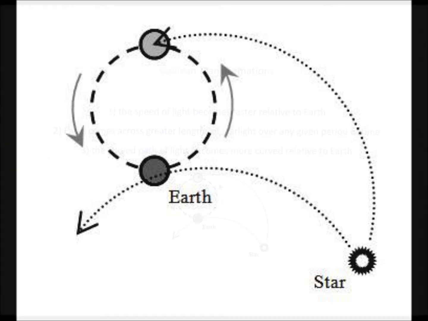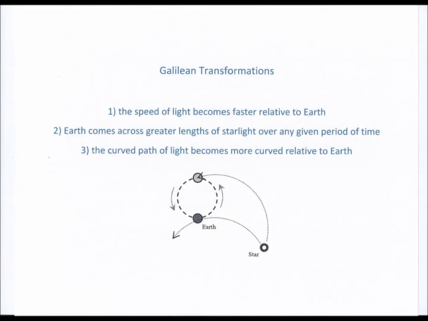And so altogether, three things take place when Earth circles toward starlight. The speed of that light becomes faster relative to Earth. The Earth comes across greater lengths of starlight over any given period of time. And the curved path of that light becomes more curved relative to Earth.